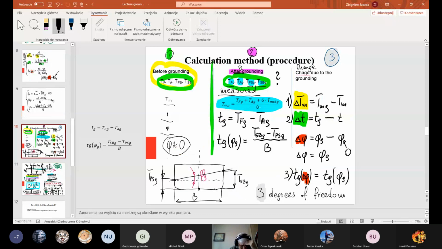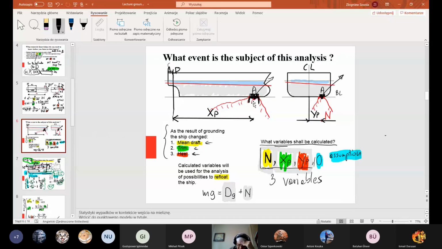Once again, it is important to catch the point. Actually, a force acts between the ground and the hull in longitudinal and transverse direction. I deleted the force and replaced it with a weight that belongs to the ship. So now it is not external, it is internal, a weight.